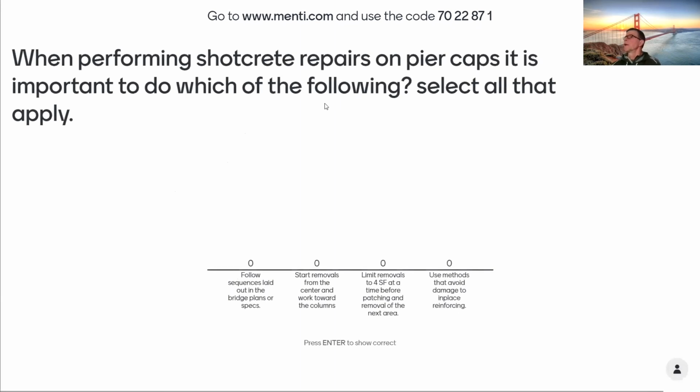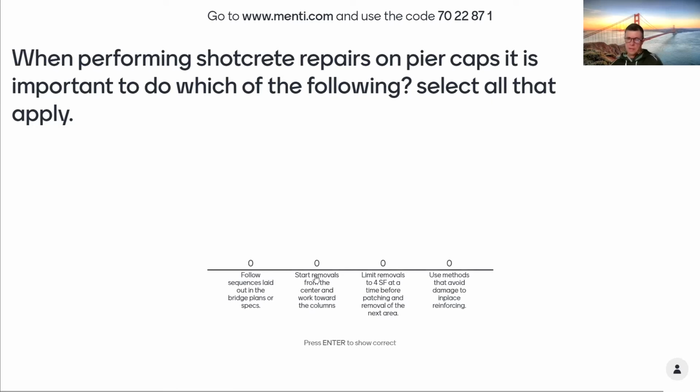And when performing shotcrete repairs on pier caps, it's important to do which of the following? Follow sequences laid out in the bridge plans or specs, yes. So pay attention. If there's a lot of deterioration and they say you can only do the north face and then get that patched and then do the south, follow those sequences. This one, start removals from the center and work toward the columns, not necessarily.